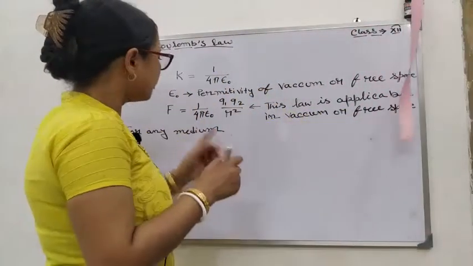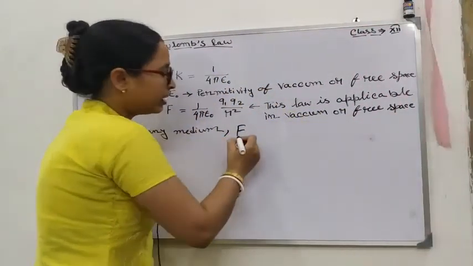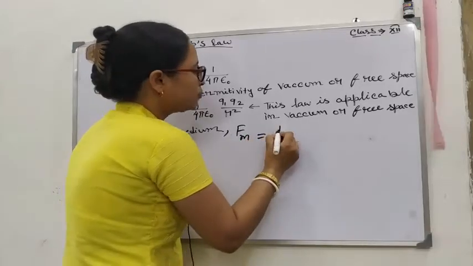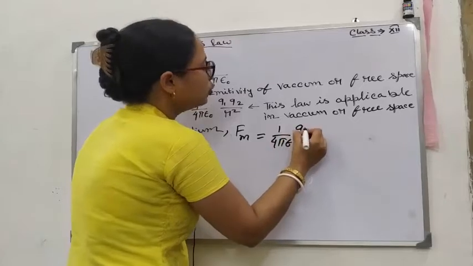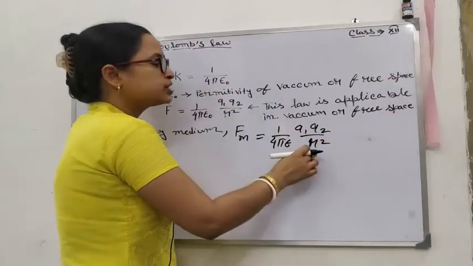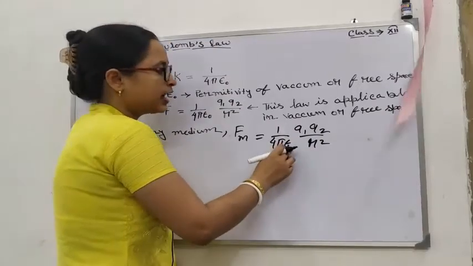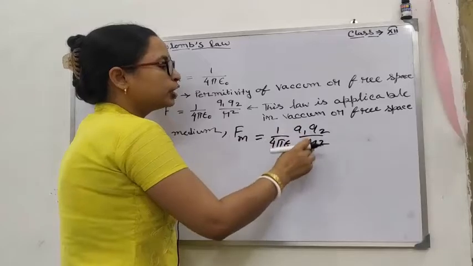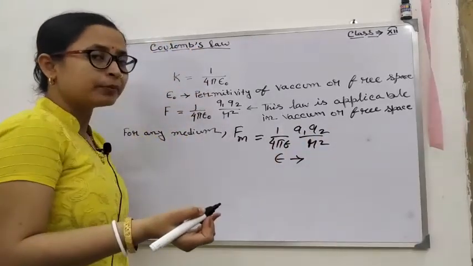The force in the medium, let us represent it by Fm, will be 1 by 4 pi epsilon q1 q2 by r square. Same charges and same separation, only the medium changes. Here epsilon is the permittivity of the medium.